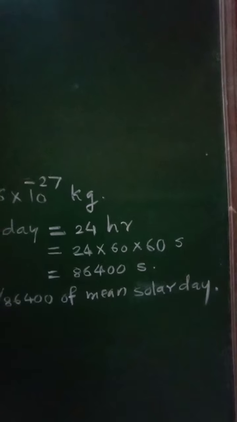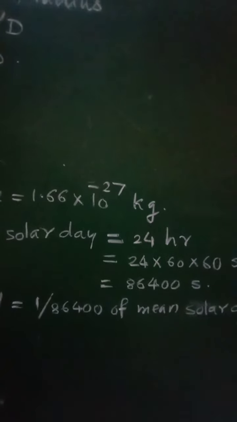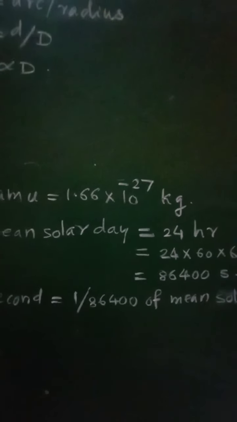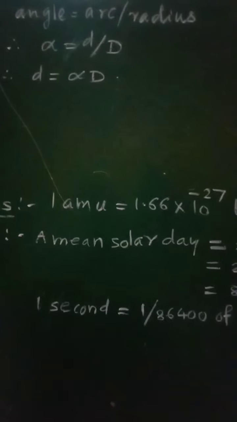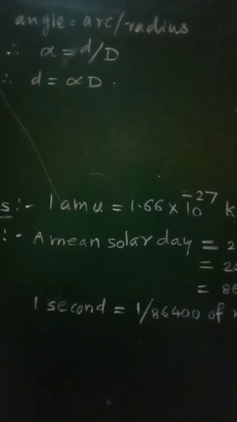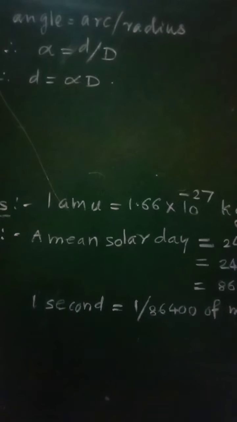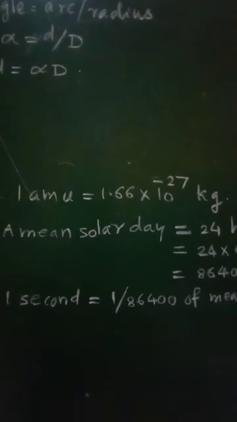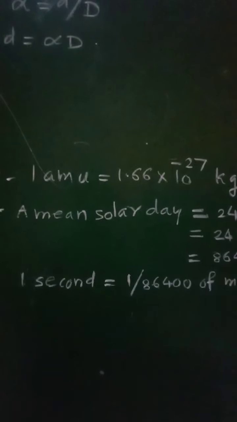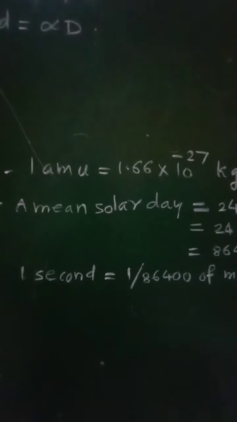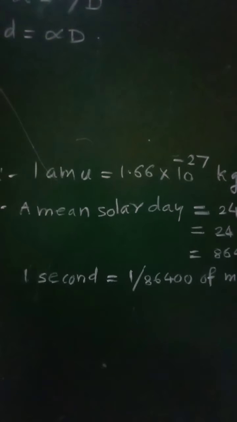But the length of a solar day varies gradually due to the gradual slowing down of the Earth's rotation.